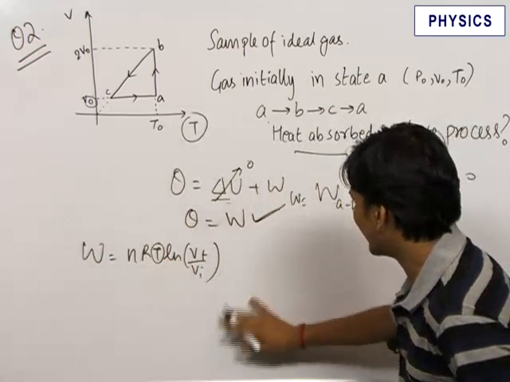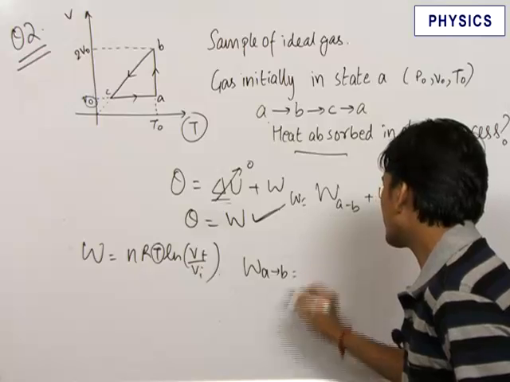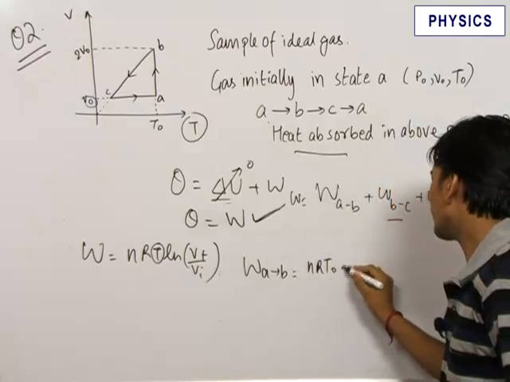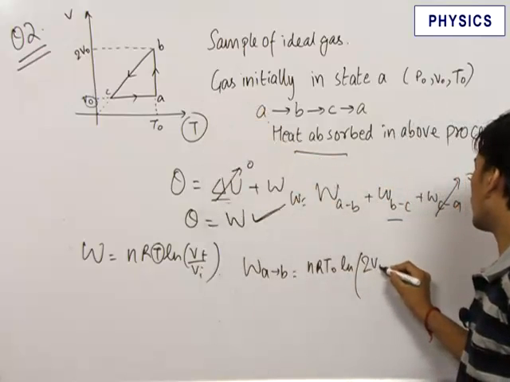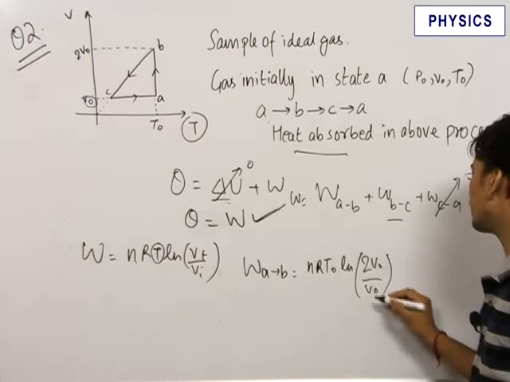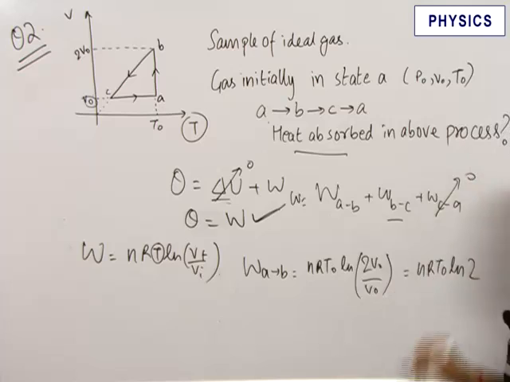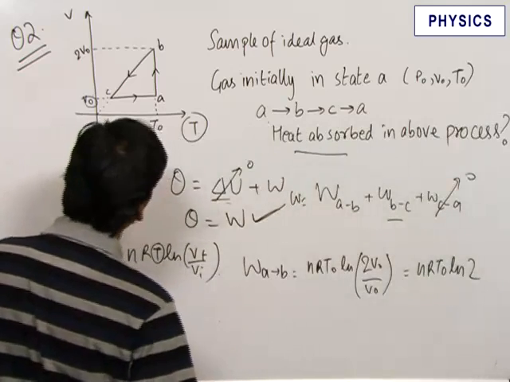Therefore work done from A to B is equal to nRT naught ln of V final, which is 2V naught, upon V initial, which was V naught. This is equal to nRT naught ln 2. So we have the value of work done by gas from A to B.